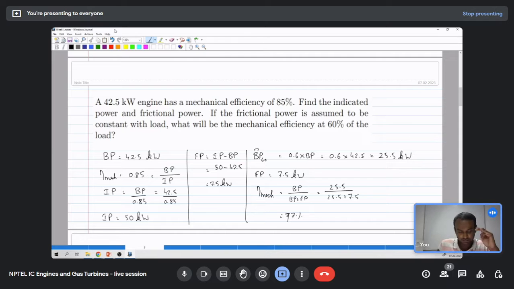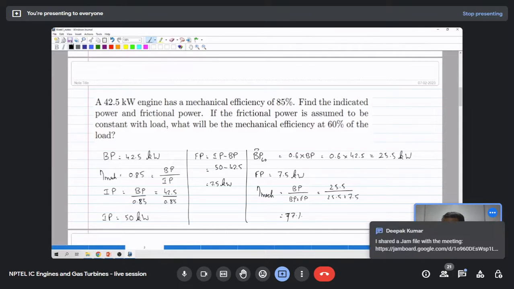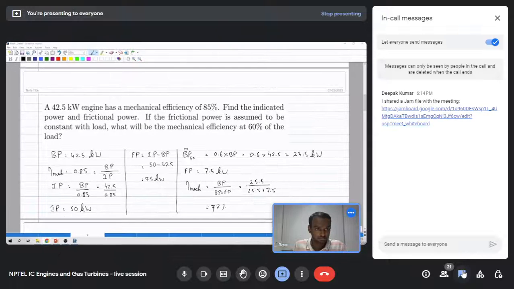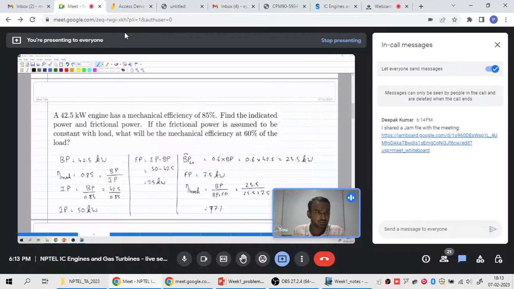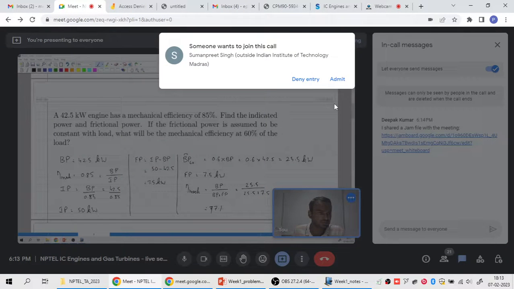Any questions with this problem? Deepak Kumar has shared a jam file.